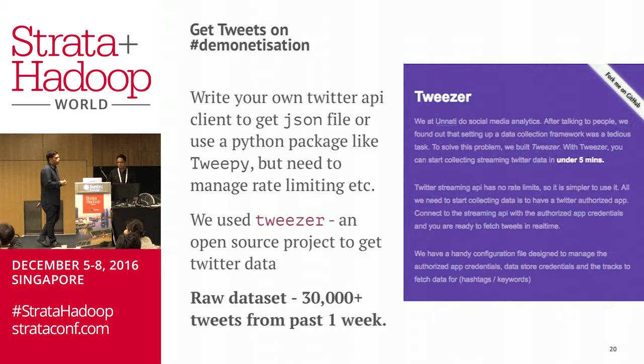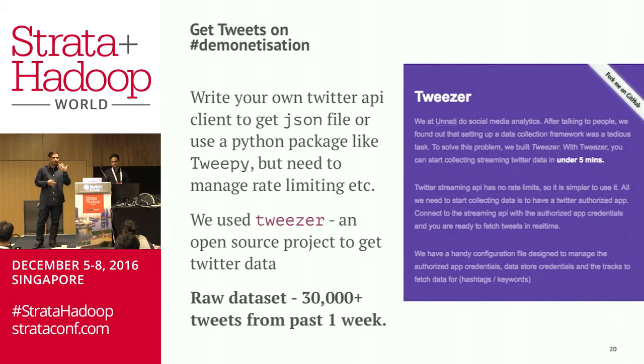You can obviously try and write your own parser, which will access the Twitter API, the REST API, or the streaming API, and get the data if you want. Or you could use a Python library like Tweepy. The main issue is really managing the rate limits around it. We use something called Tweezer, an open source library written by a couple of people that we work with, and it's freely available.